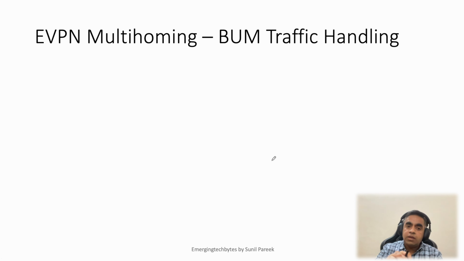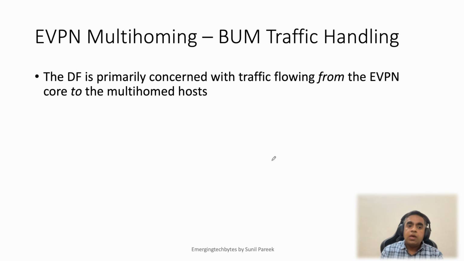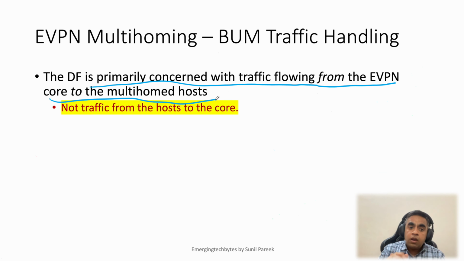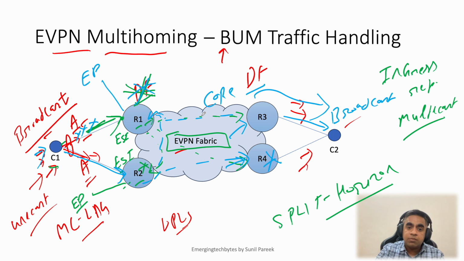So to sum it up, the DF, the designated forwarder, is primarily concerned with the traffic flowing from the EVPN core to the multi-homed host, not the traffic from host to core. That means, let's just sum it up here.